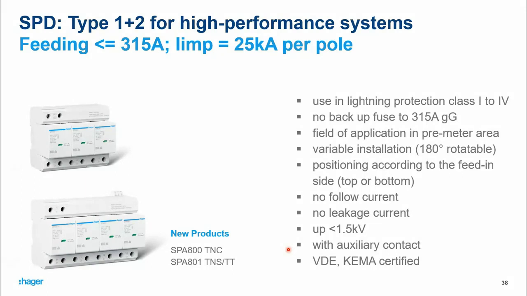Then one can directly approach the device and switch the cartridge. These devices do not need backup protection up to 315 amperes. They can be used for all types of TN networks, that means TNC, TNS, or TT. This kind of device comes with a remote contact to send out an alarm in case of failure, so your electrician need not always go to the cabinet and look at the device himself.